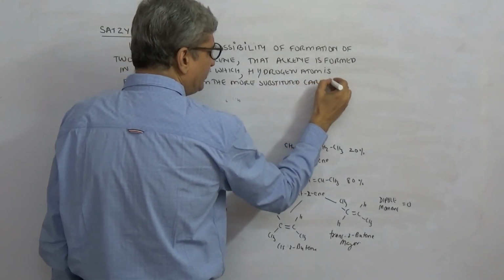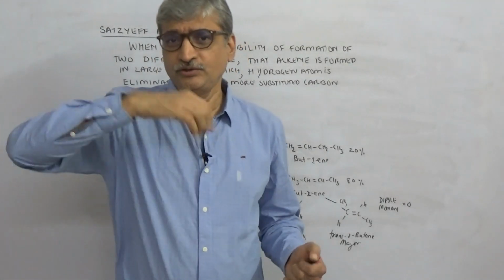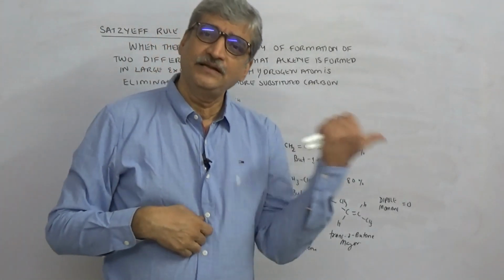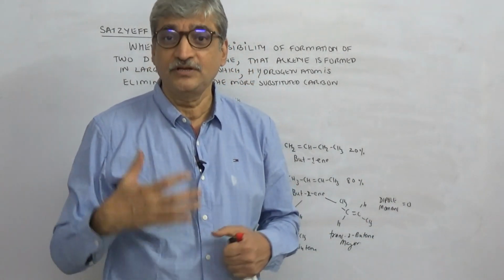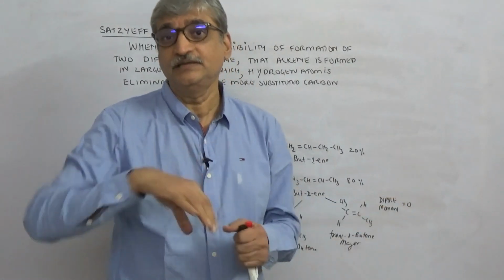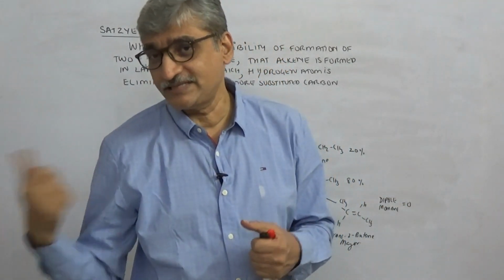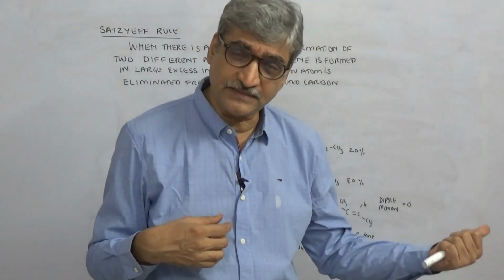Once again I'll try to explain. You have an OH group, you have an adjacent hydrogen attached to a primary carbon atom, and this adjacent, both are beta, attached to a secondary carbon atom. So OH would prefer to go with that. Imagine another scenario: you have an OH group, this is attached to a secondary and this is attached to a tertiary, hydrogen attached to a tertiary carbon atom.